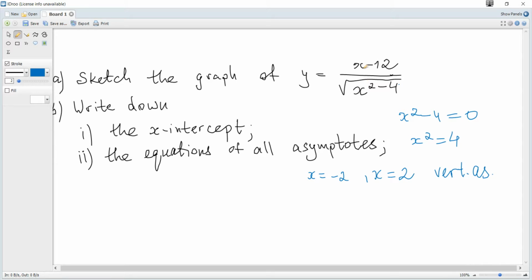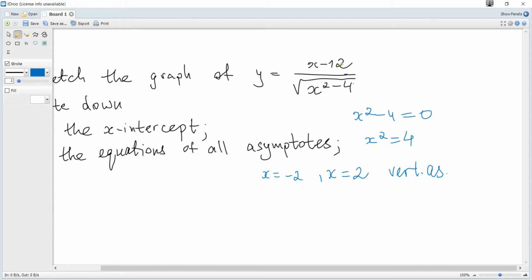So in general, you should consider when x is very large positive and x is very large negative. And when x is very large positive or negative, we take into account only the largest powers of x, and we ignore all other powers of x.